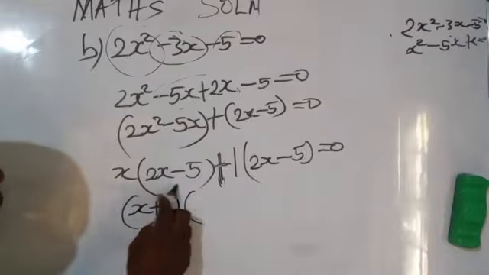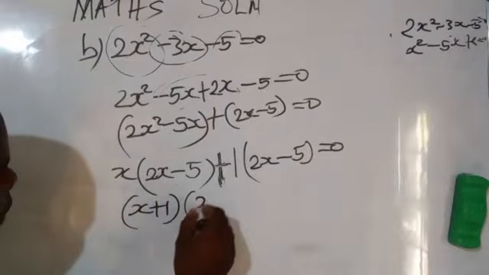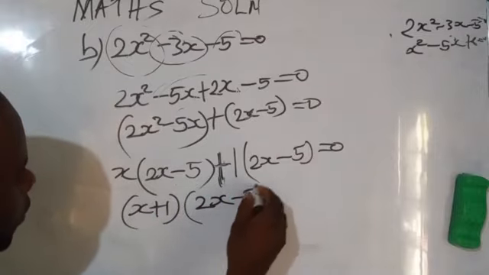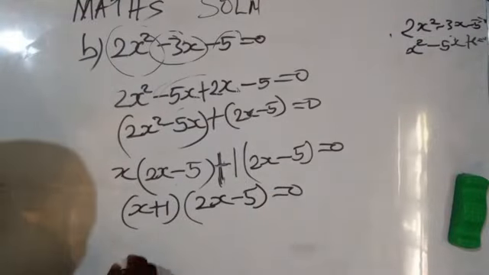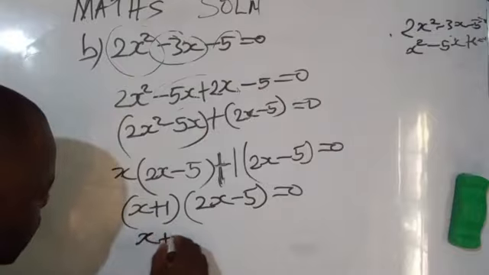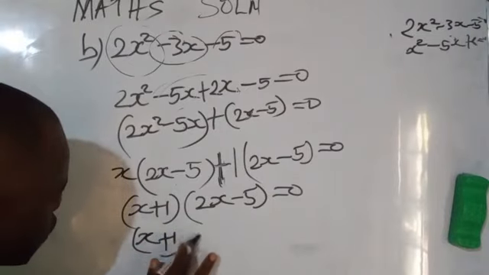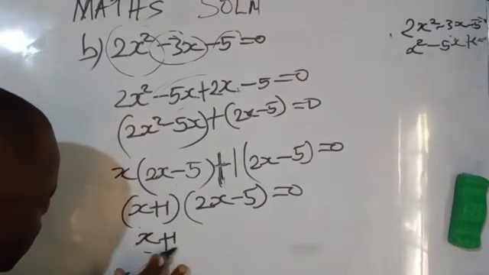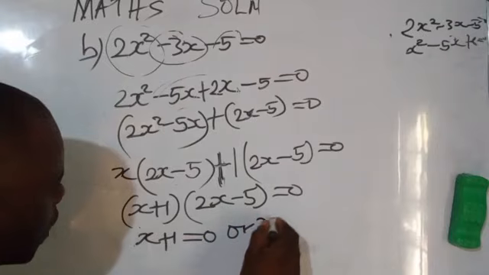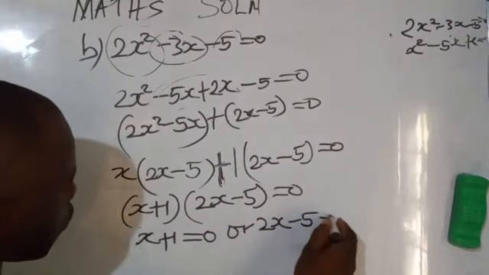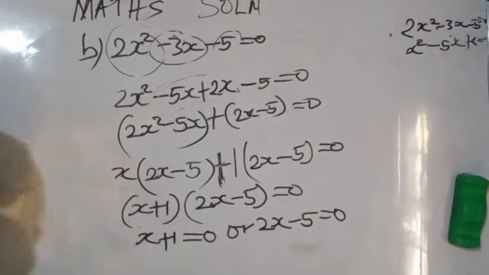And for the other bracket, you just pick one of the brackets, so that you have 2x minus 5 equal to 0. Okay, so now x plus 1 equal to 0, or 2x minus 5 equal to 0. Good.